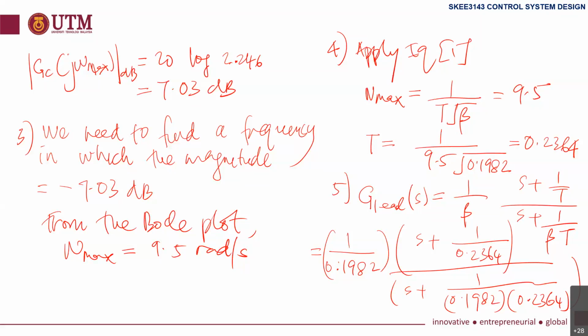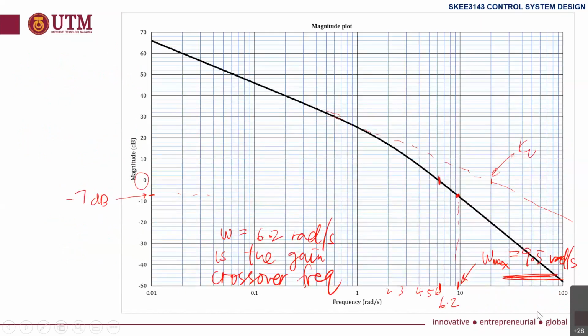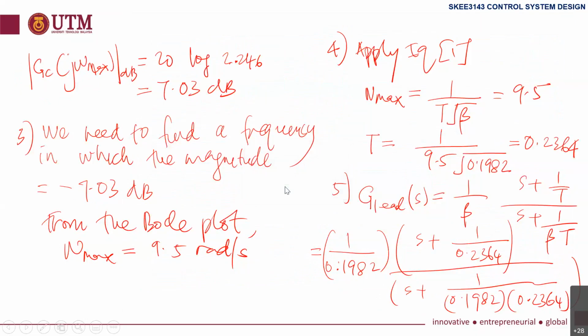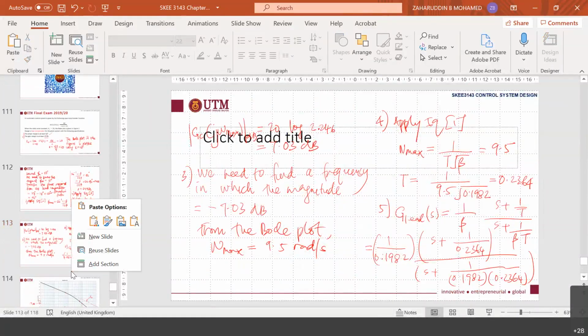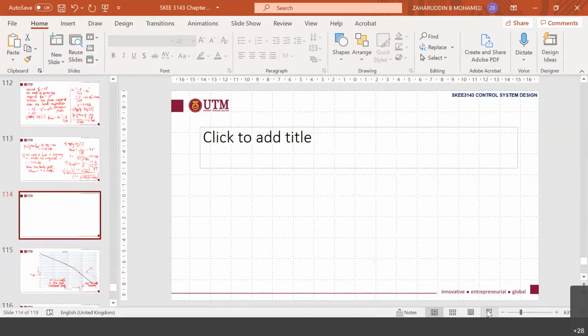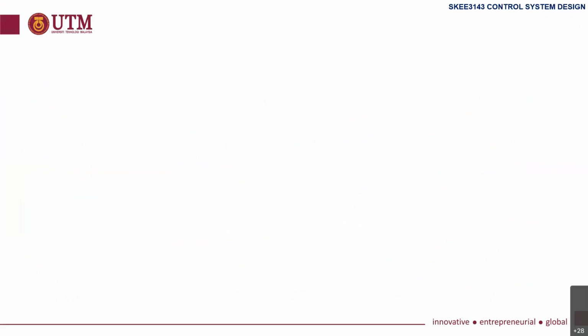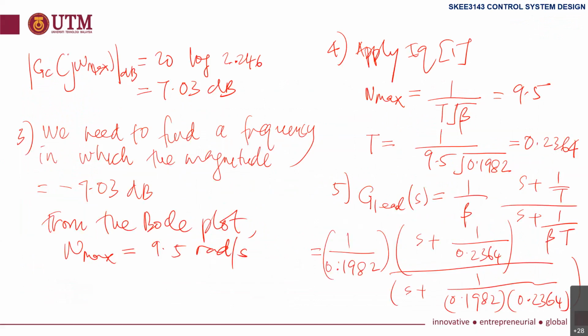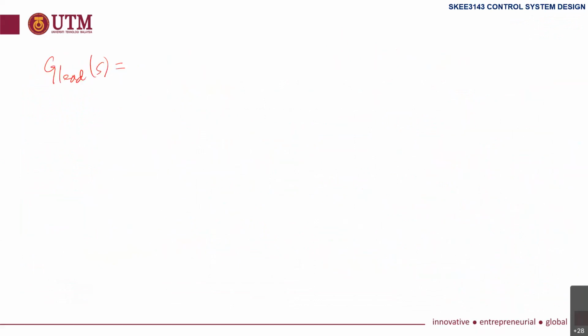Okay, we can further calculate. If we simplify the transfer function, it will be 5.0454 (s plus 4.2301) over (s plus 21.3426).